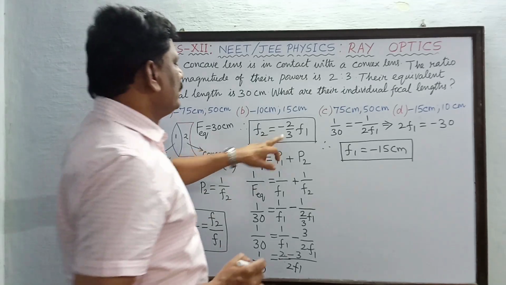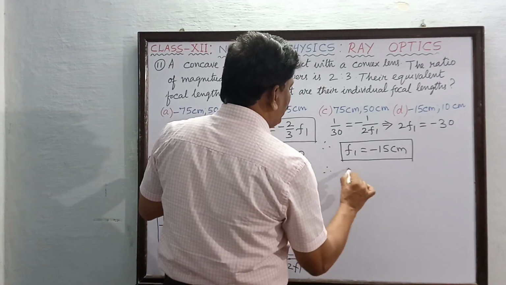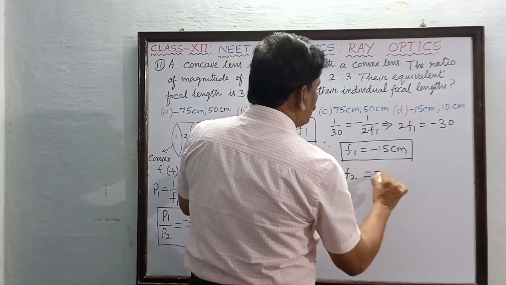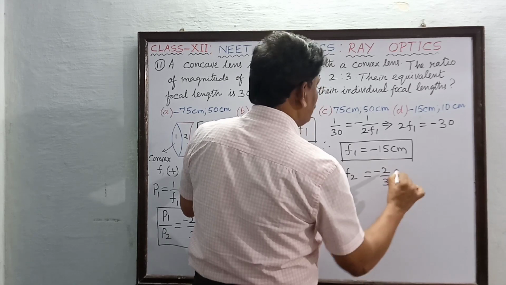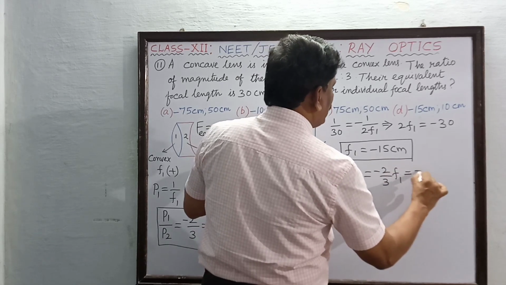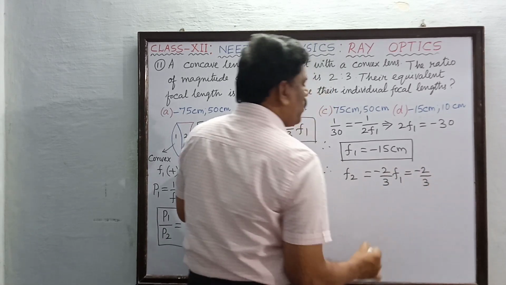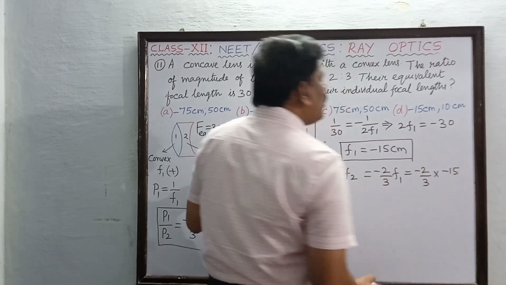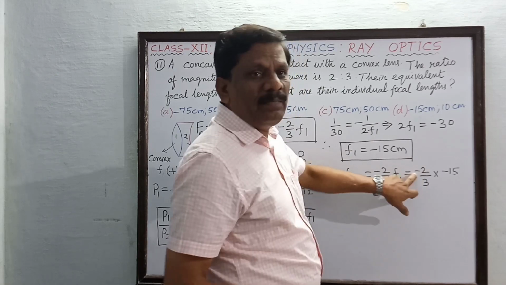Now what is f2 equal to? Therefore f2 is equal to minus 2 by 3 times f1. So this is equal to minus 2 by 3 into minus 15. Minus into minus will become plus.